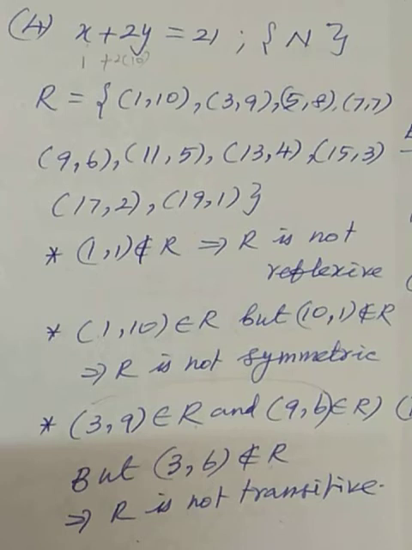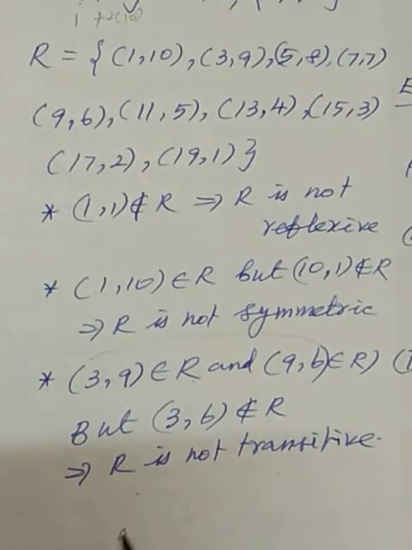Therefore, it is not reflexive. It need not be (1, 1), it may be (2, 2). All the elements (1, 1), (2, 2), (3, 3), (4, 4) must belong to R, then it is reflexive. But here everything is not in R and hence it is not reflexive.